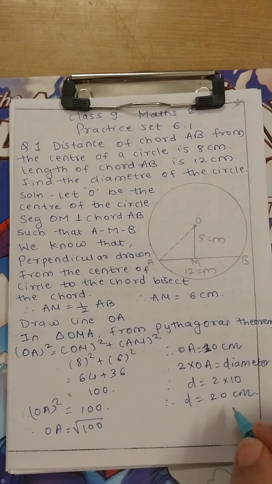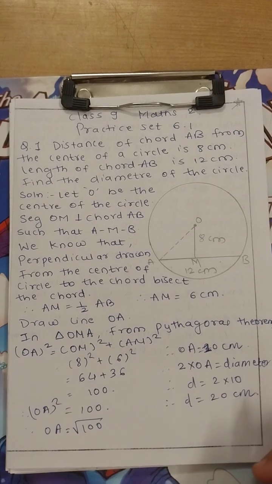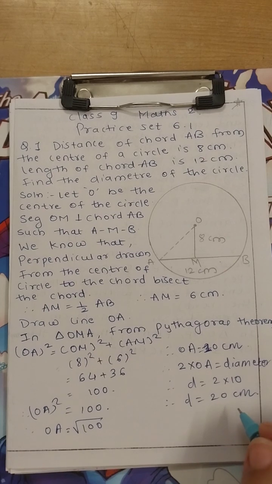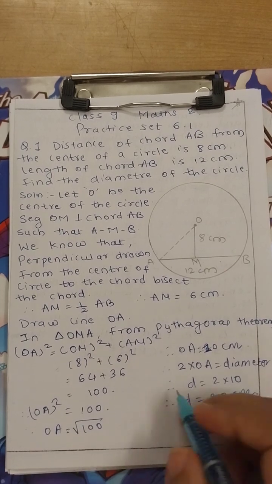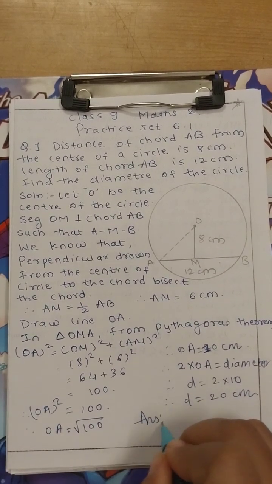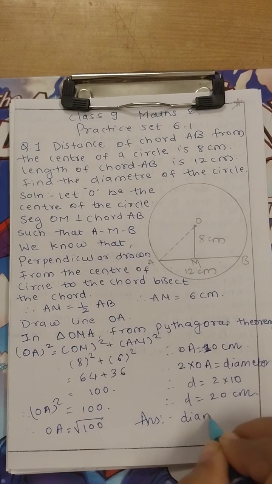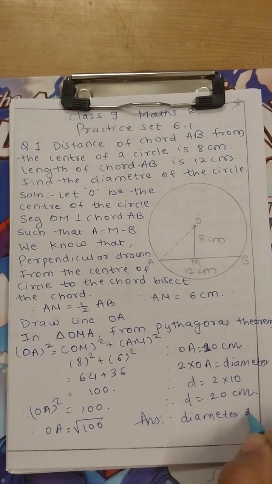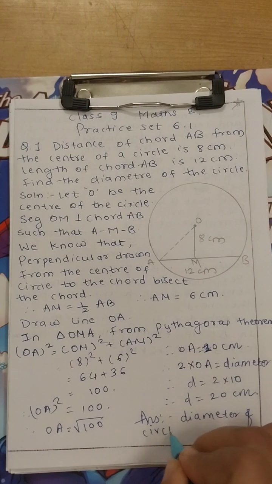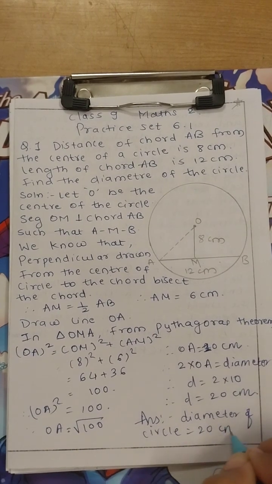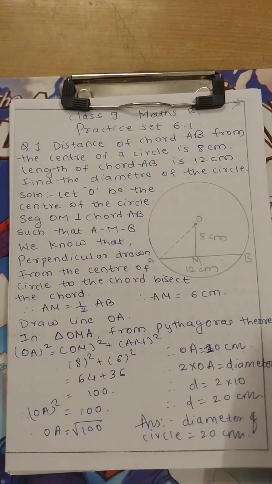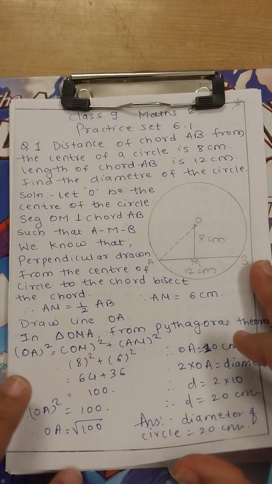Are you getting what I have done? Therefore, you have to write down the final answer: diameter of circle is equal to 20 centimeter. Are you getting? Okay. Next example.